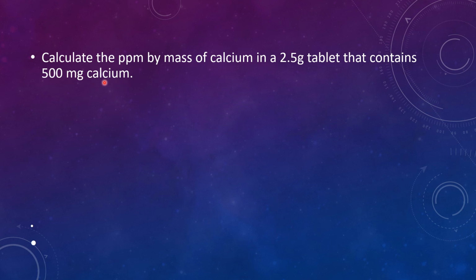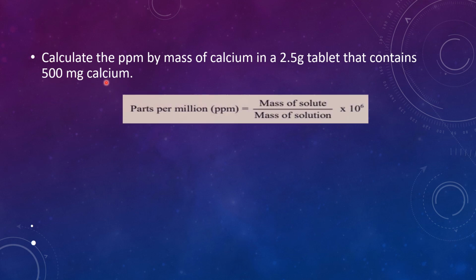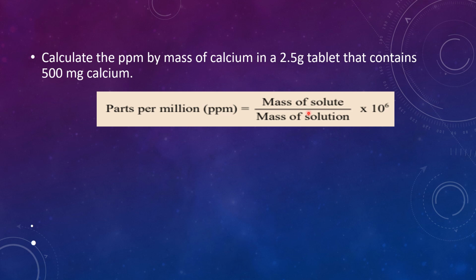So for parts per million, we put the formula and the values here. Parts per million is the mass of the solute. The mass of the solute is 500 milligram of calcium. It is in milligram, so we will convert this into grams, which is 0.5 gram.